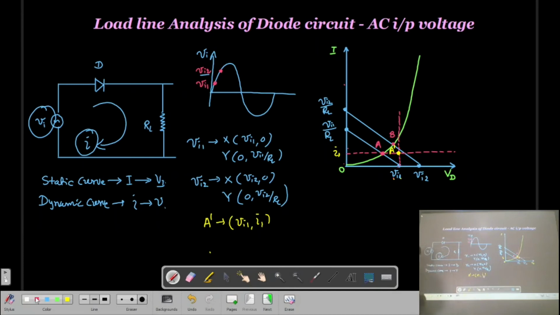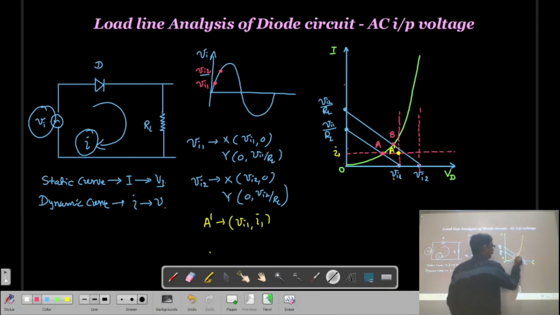Now come to the next load line. In the next load line, in the same way, you draw a line parallel to the y-axis passing through this VI2, so that line will be like this. Another line passing through this point B but parallel to the x-axis will be this.